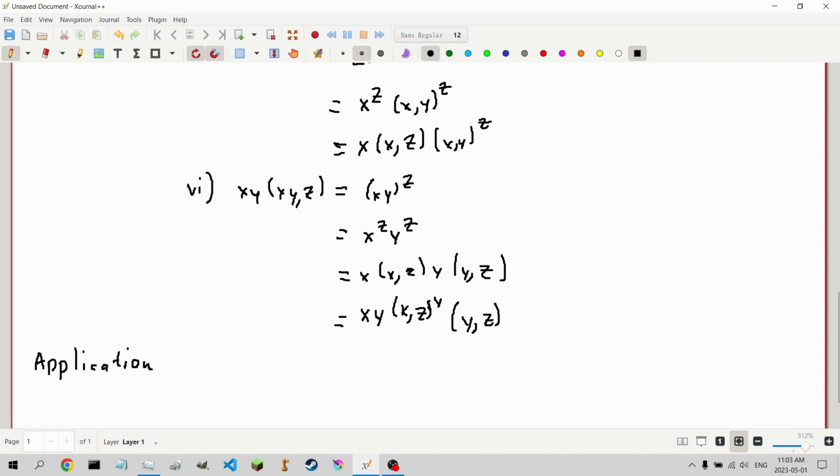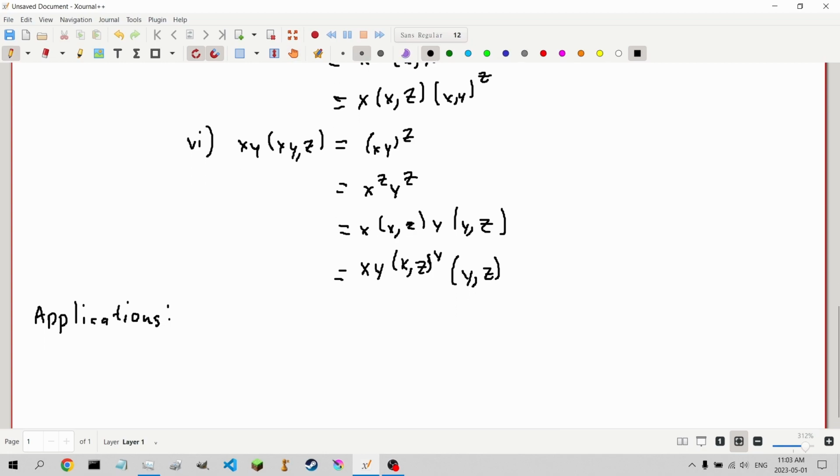So let's look at some applications of this. We're going to take two subgroups of G. I guess maybe I should write this out a bit neater. And what we're going to do here is generalize this commutator in the way you would expect.